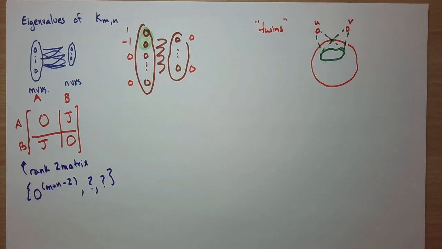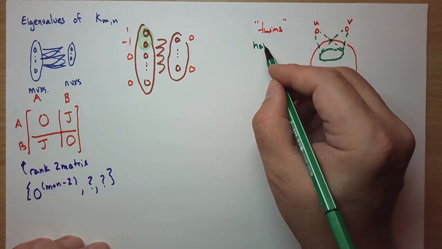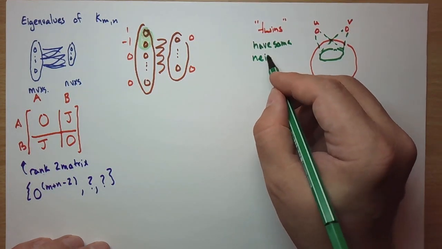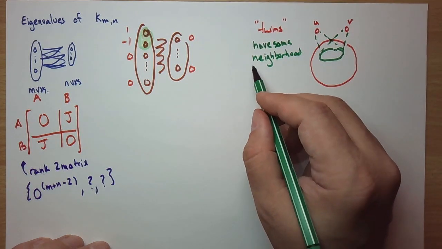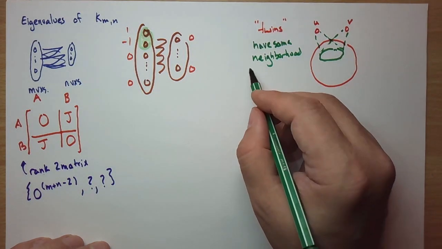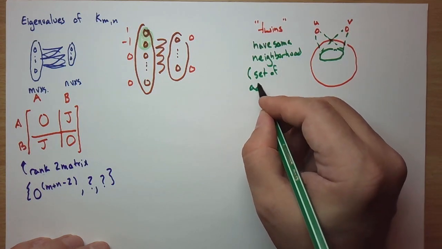It's a lovely way that way. So twins, they have the same neighborhood. That's what makes a twin. And I guess I should write this down since not everybody always watches the video. All right, have same neighborhood, set of adjacent vertices.